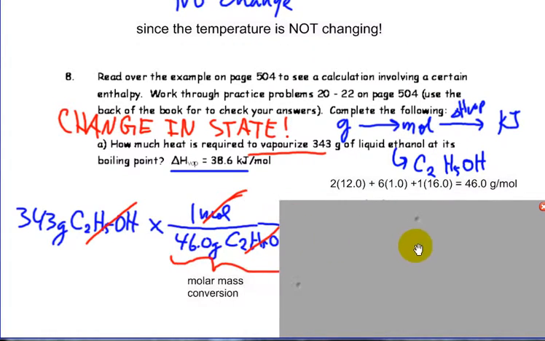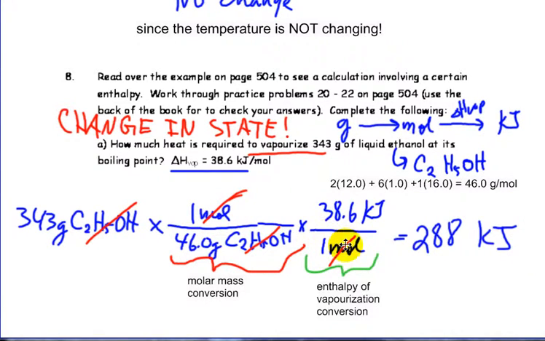So the first step there is the molar mass conversion. 343 grams multiplied by 1 mole over 46 grams, because that's how many grams are in 1 mole. So grams cancel, I'm left with moles, and then lastly 1 mole represents 38.6 kilojoules. So here I'm doing the enthalpy of vaporization conversion.